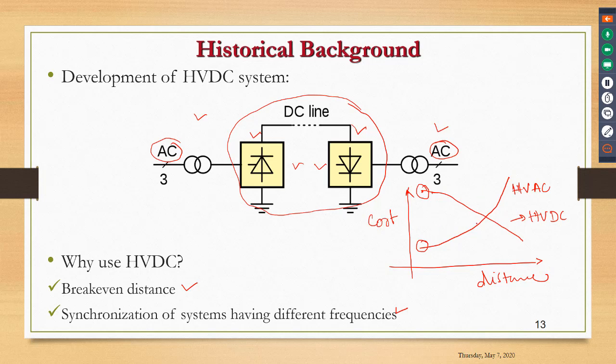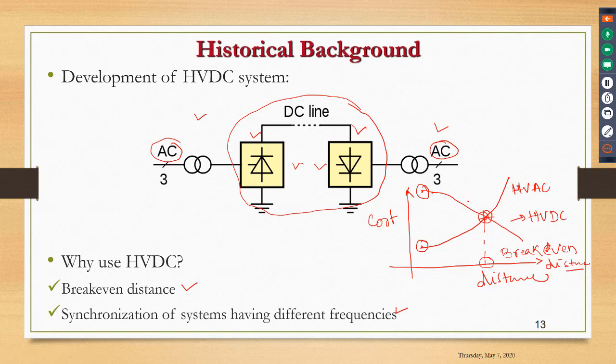But as the distance increases, the HVAC system cost will increase, whereas the HVDC system cost will decrease as the distance increases. And we'll see there is an intersection point here, right? This intersection point, if we put a projection, will give us the break-even distance. In technical terms, it is known as the break-even distance.